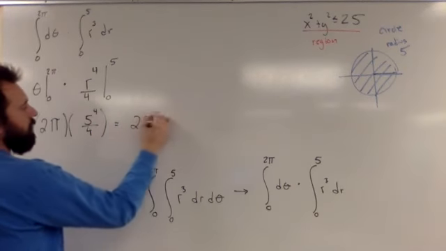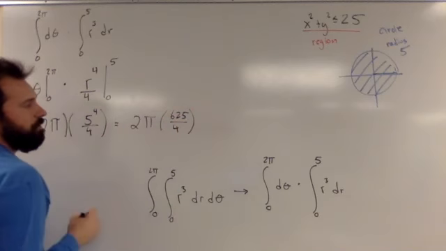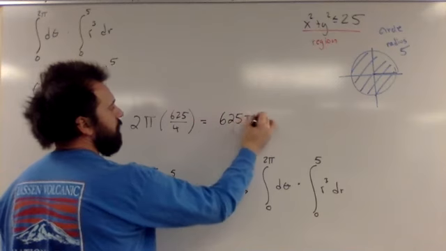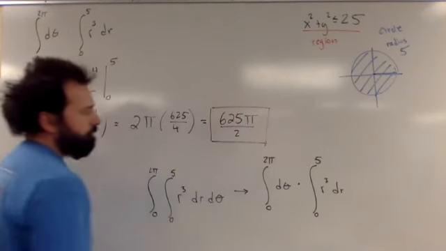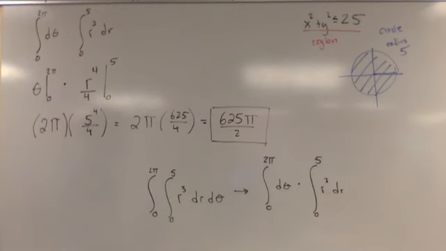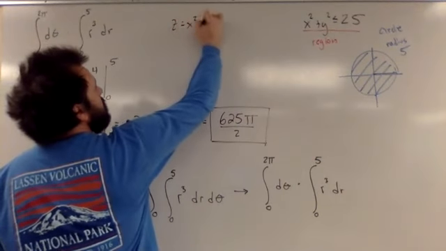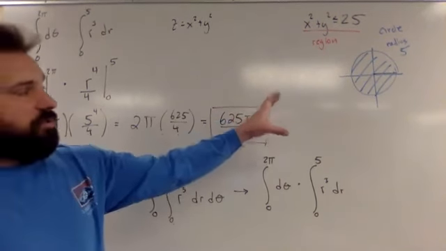That's 2 pi times 625 over 4, which I can write as 625 pi over 2. So again, back to the original question, I just erased it. That is the volume under that surface, x squared plus y squared, that's above just that circle of radius 5.